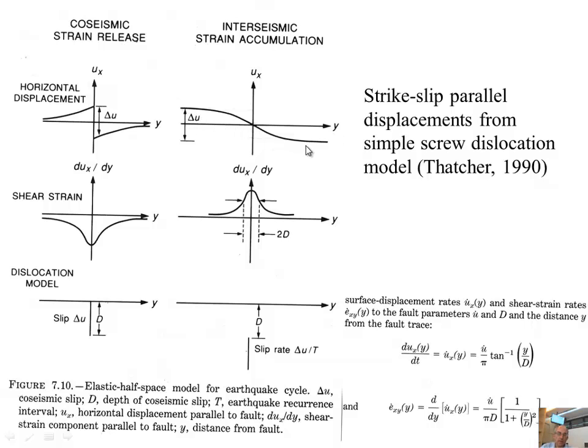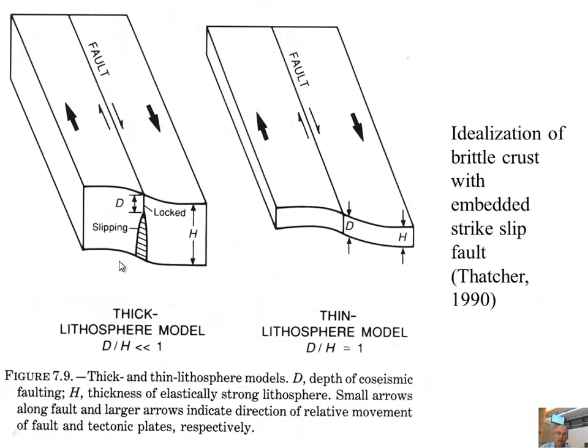And so this steady motion at the far distances is the total displacement, delta U, over time. Let's say over 100 years, 10 meters, okay? But it happens steadily. But at the fault, it's stuck, especially right here. Nothing's happening, so strain's accumulating, and then it has to be released. Boom.